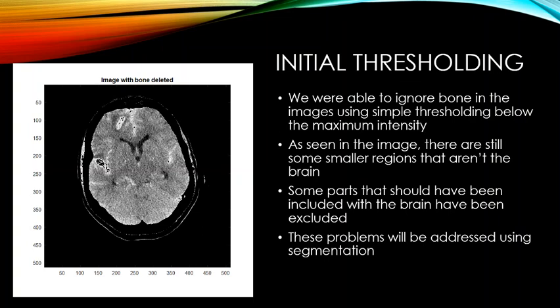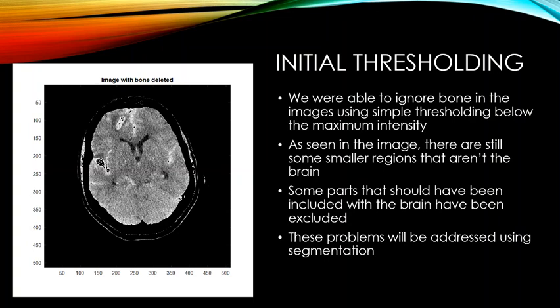Then something else that we ended up doing, because we didn't really want to look at the skull or any other bone in our images, is that we applied initial thresholding to only display pixels that were below the threshold value of bone, which was at a very high level.